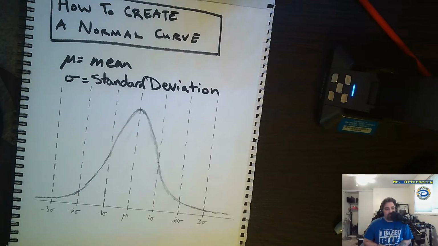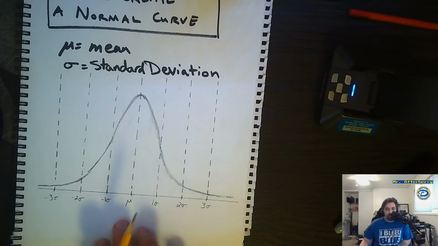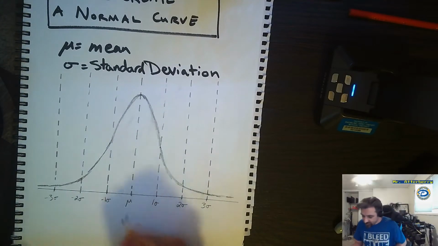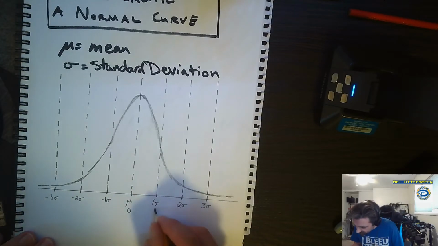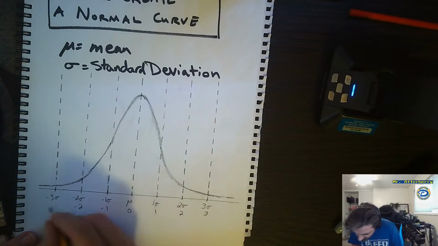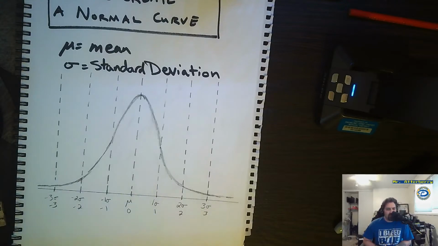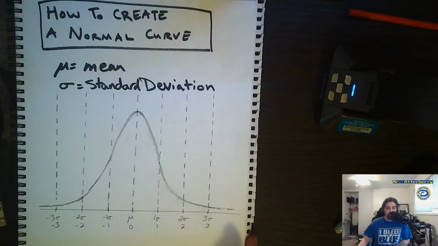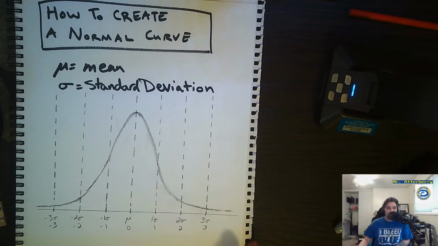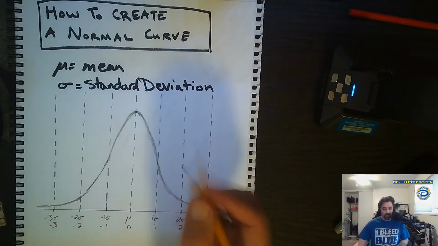Something else that's very important that we like to add on here is our z-scores. For your mu, your z-score is always 0. Those are all your z-scores. And then the last thing we need to add is some notation that you're going to be familiar with.